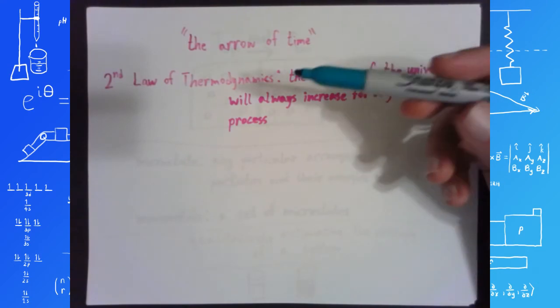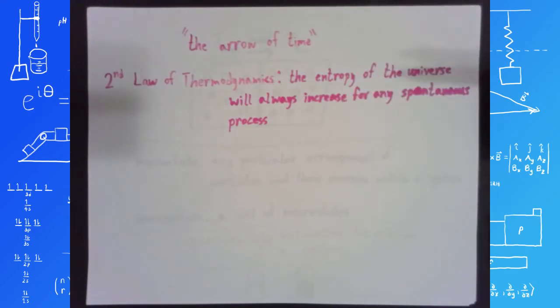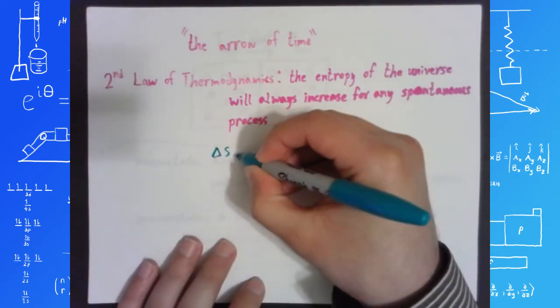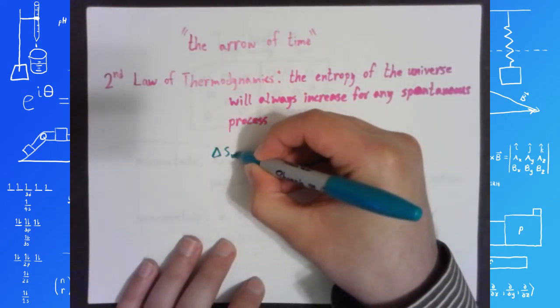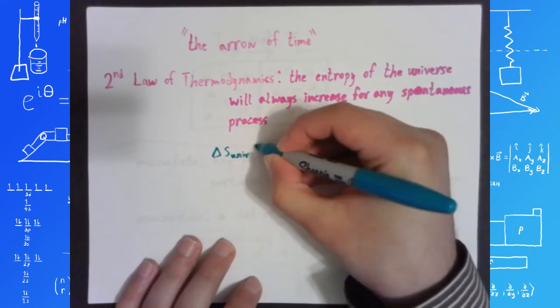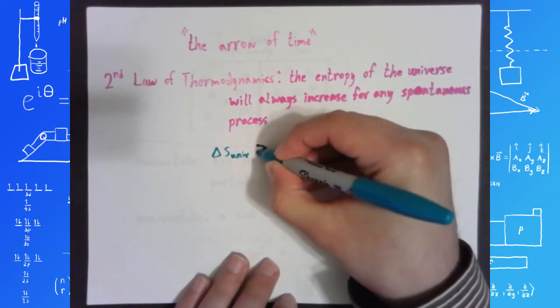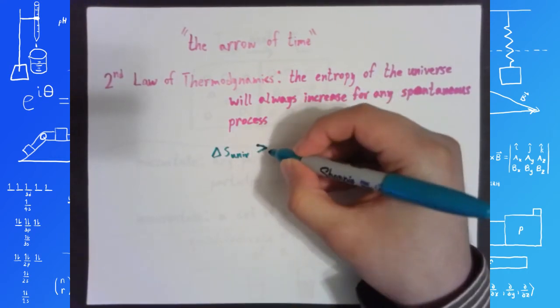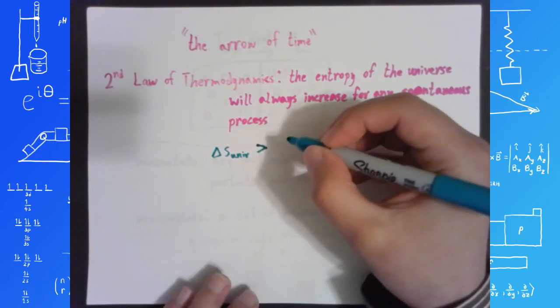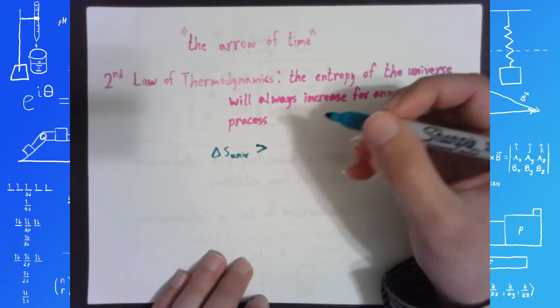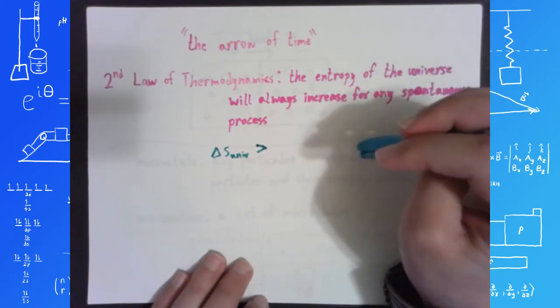So there's a mathematical version of the second law of thermodynamics which says delta S of the universe is always going to be greater than or equal to 0. Well, greater than 0 for spontaneous processes, equal to 0 for what's called a reversible process.